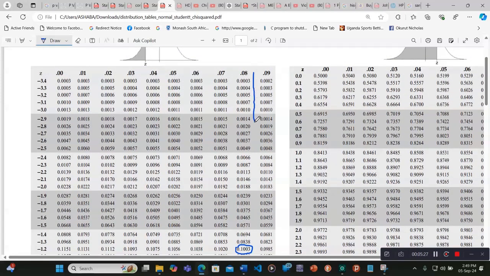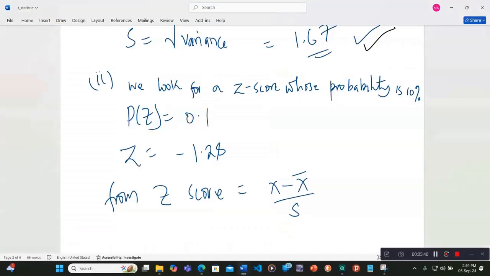So we are going to take that value of ours as 1.28, but which is negative.